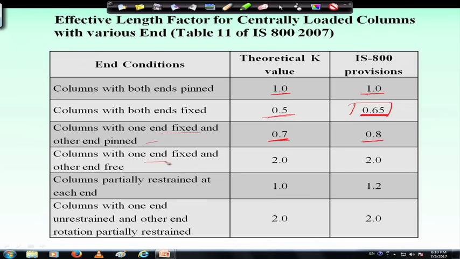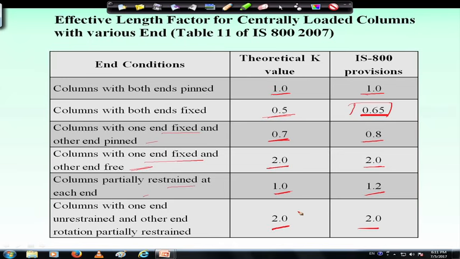Again, for a column with one end fixed and the other end free, like a cantilever column, the theoretical value is 2, and in the IS code also it is considered 2. Columns partially restrained at each end will be 1, however, it is considered as 1.2. Similarly, for columns with one end unrestrained and the other end rotation partially restrained, it is 2.